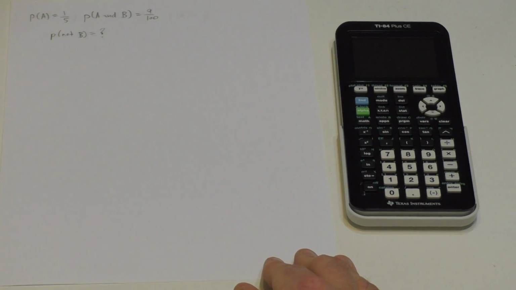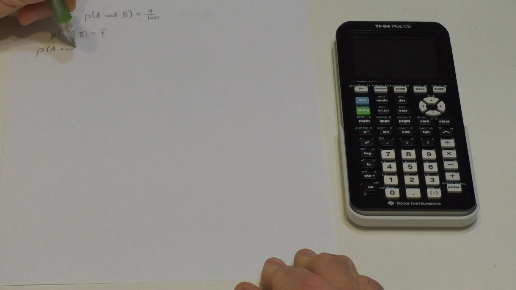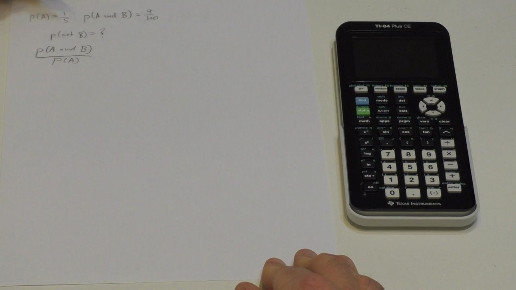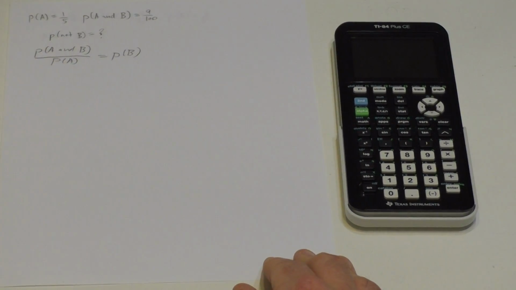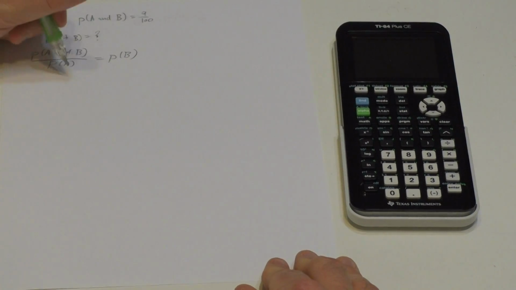We're going to have to do several steps here because first we need to find the probability of B. If we remember, the probability of A and B divided by the probability of A is going to be equal to the probability of B. It's just a little manipulation from our formula.